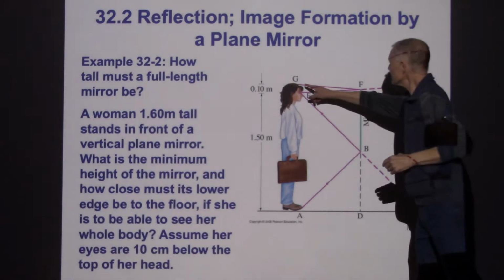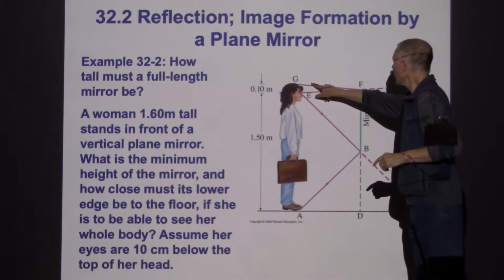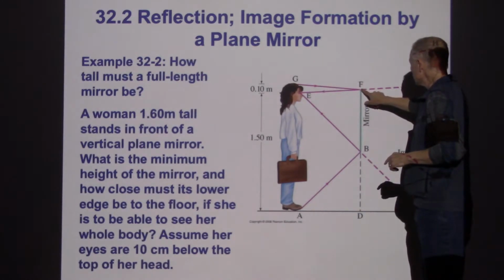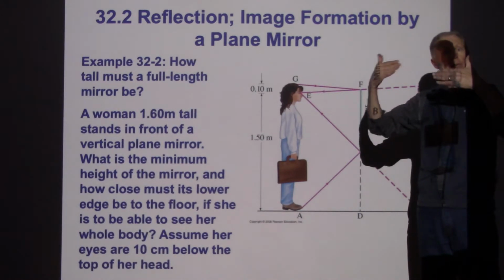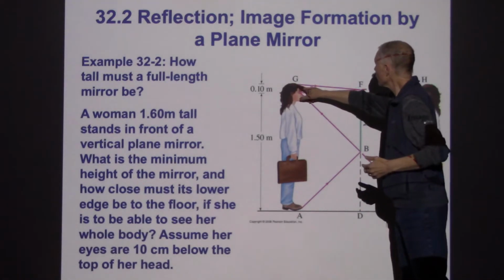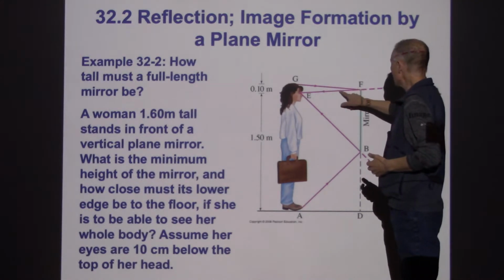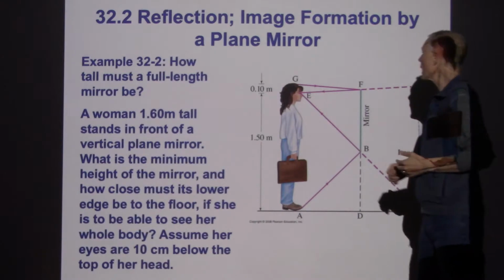Now, in order to see the top of the person's head, in order for the person to see her head, we can follow this light down. Again, we're going to use the idea that the angle of incidence matches the angle of reflection. So the light coming off of point G reflects off the mirror at point F, comes back to the person's eye.